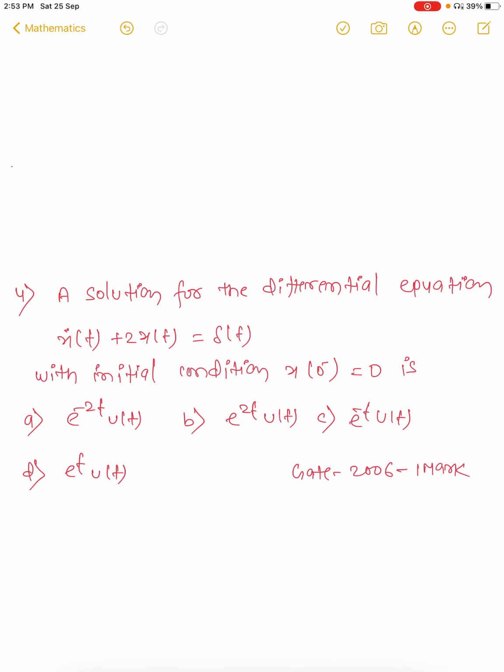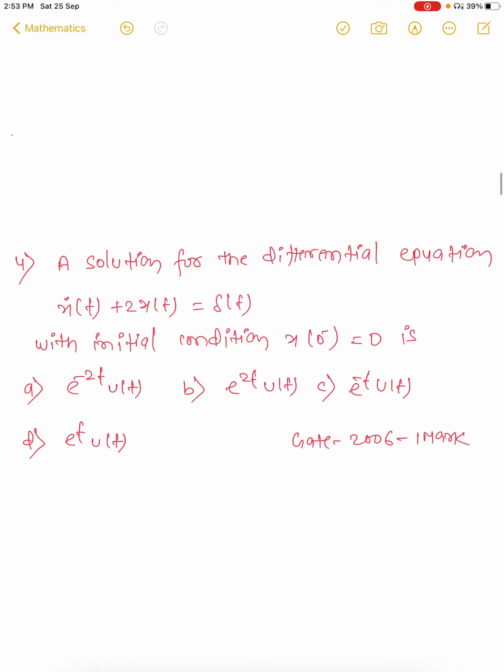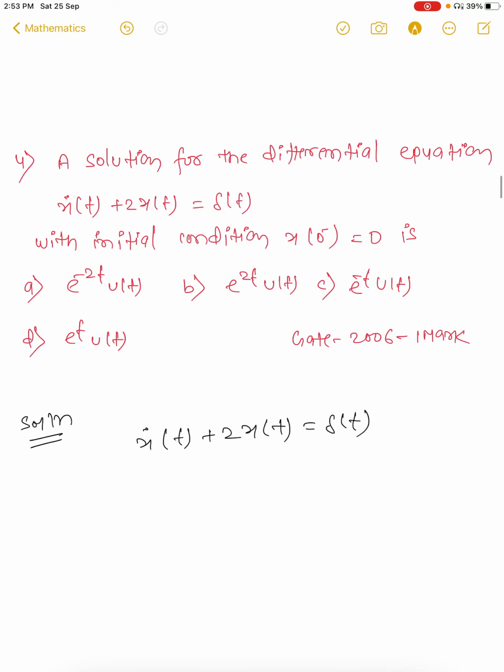A solution of the differential equation with initial condition x(0) is equal to 0 is, okay. Given the question, x dot t plus 2x t is equal to delta t. Then taking Laplace transform of both sides, s X(s) minus x(0) plus 2X(s) is equal to 1.